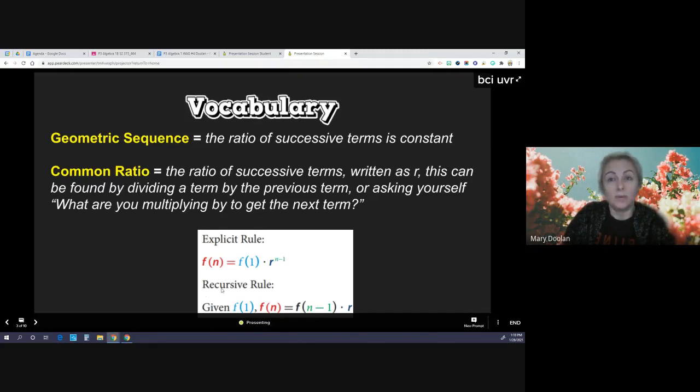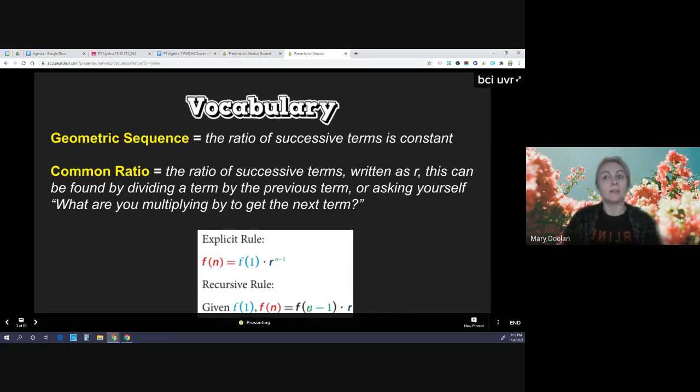Now this is the new one we haven't seen yet, recursive rule. So we have to be given f of 1. We have to just know what it is. So if we can see it, it's the first term in the sequence. And f of n is then equal to the function of n minus 1. So what the function value is previous, the term before the one we're trying to find, multiplied by the ratio.